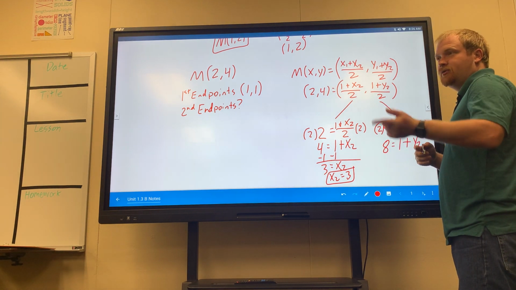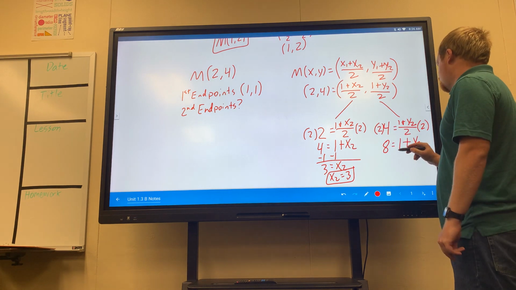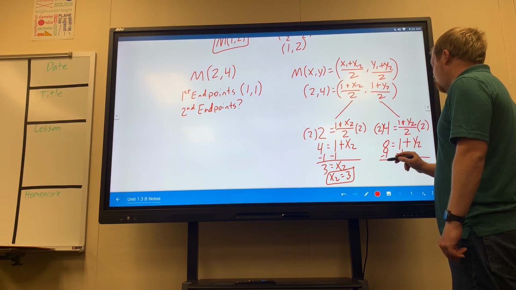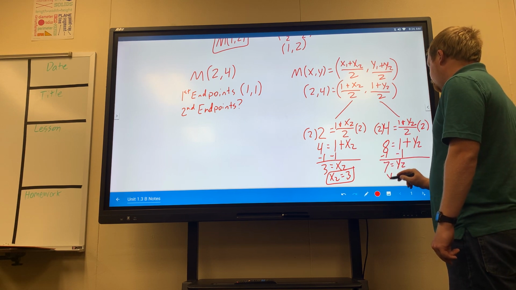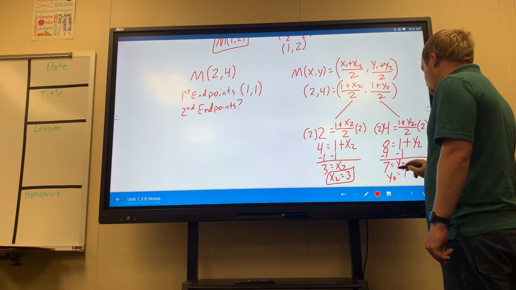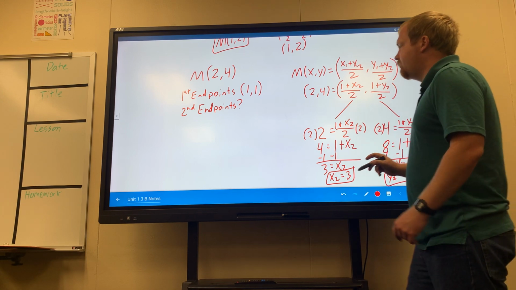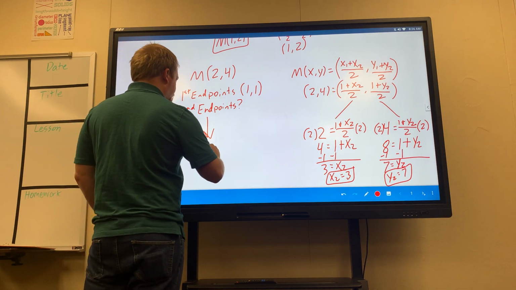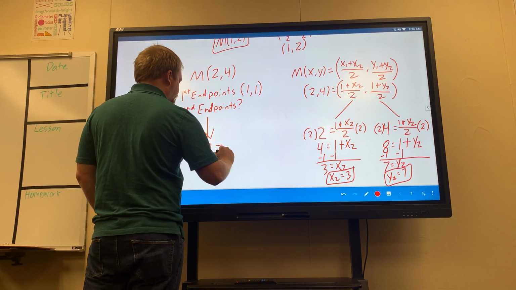The inverse of addition is subtraction. So subtract 1 from both sides. 8 minus 1 is 7 equals y2. So y2 is equal to 7. So really, our second endpoint happens to be the point (3, 7).